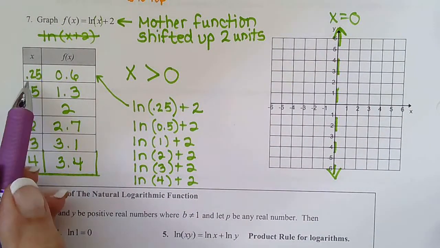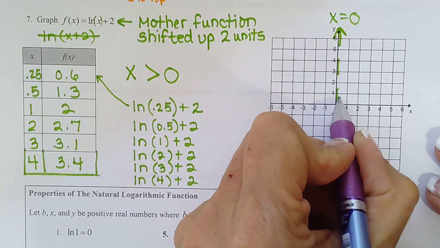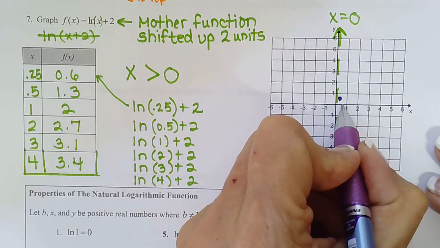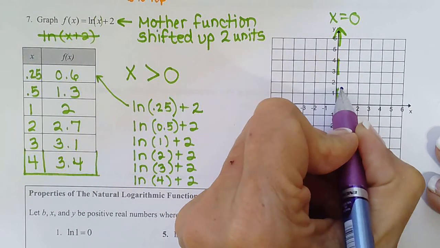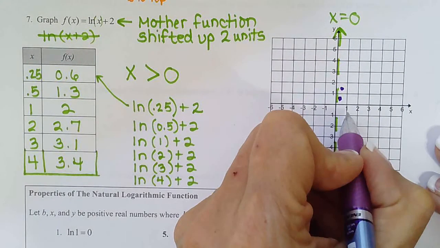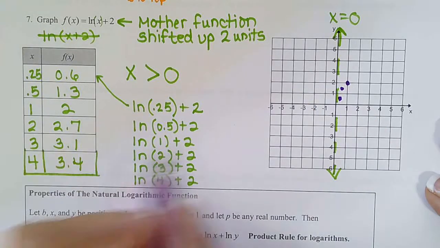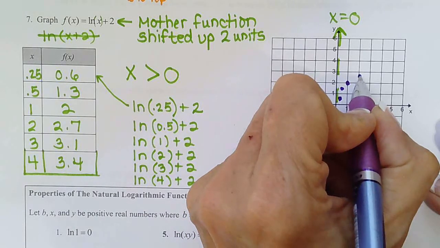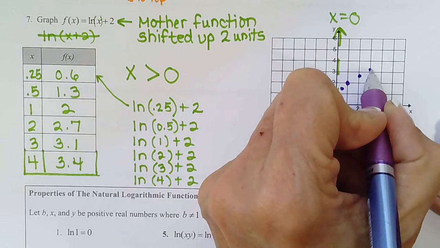Okay, 0.25, which is next to 0, is 0.6, which is a little over halfway. 0.5 is 1.3, so right in the middle, go up to 1.3, a little under 1.5. 1 goes with 2. 2 goes with 2.7, 1, 2, a little over 2.5. 3 goes with 3.1, 1, 2, 3, just right above 3.